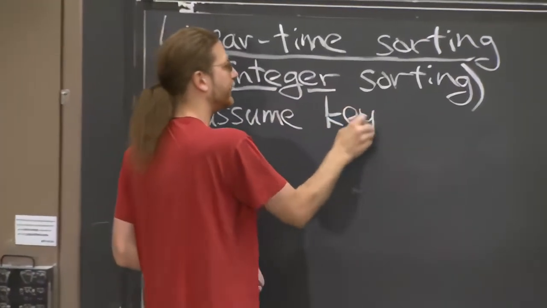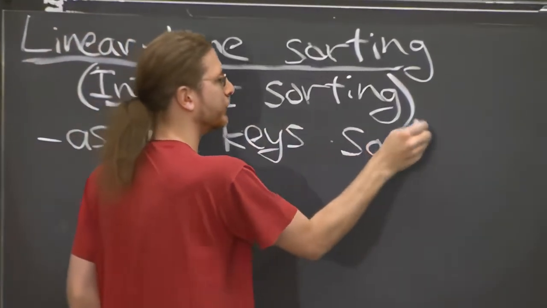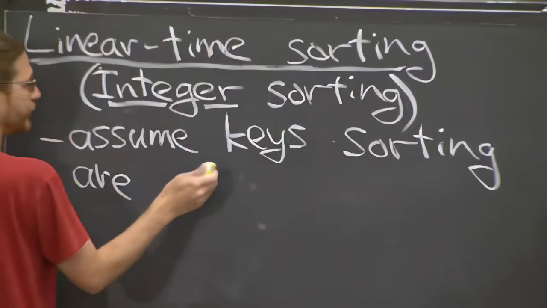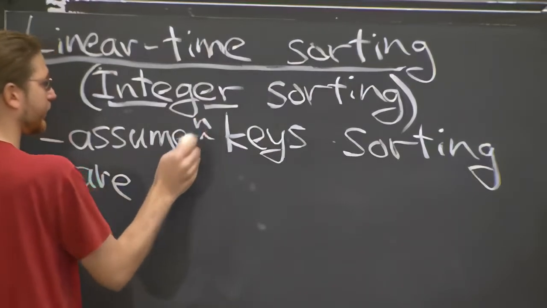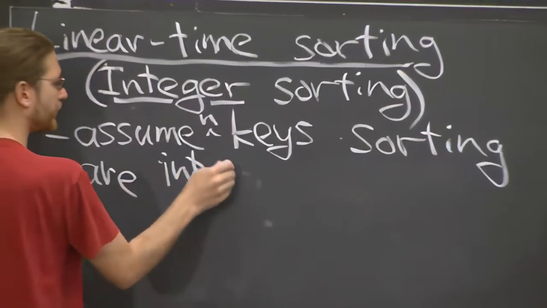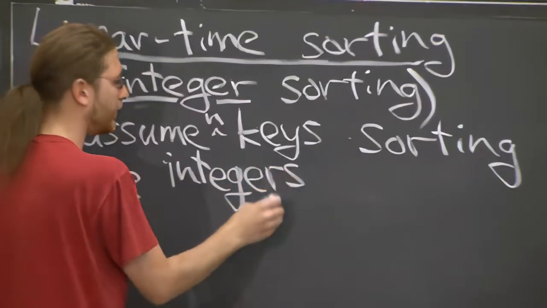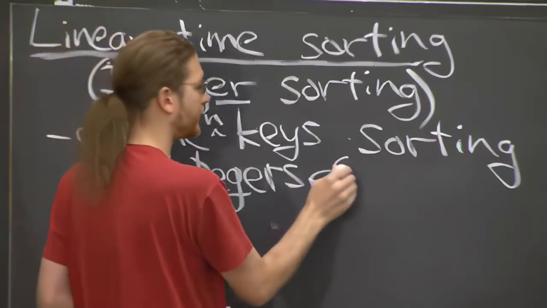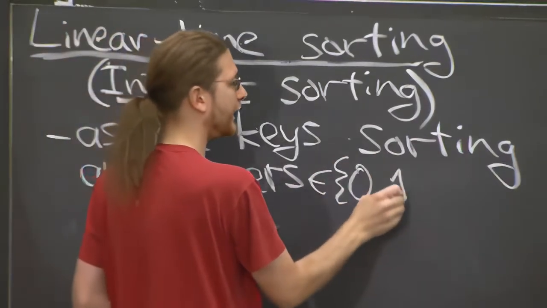I'm going to be a little more precise. The keys you're sorting are integers. There's still, I'm going to put a little n here. Remember, there's n keys. I'm also going to assume that they're in some range. And for convenience, I'm going to assume that they're all non-negative.